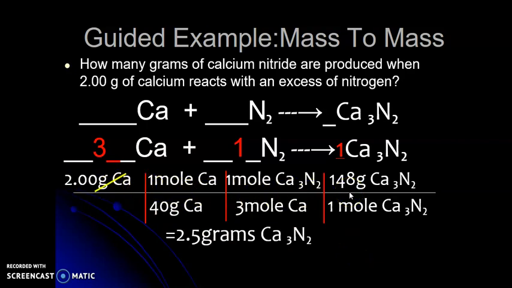So the grams of calcium cancel grams of calcium, mole of calcium cancel mole of calcium, mole of calcium nitride cancel mole of calcium nitride. So multiply the top, 2 times 1 times 1 times 148, divide by 40 times 3, which is 120. So everything will be 2.5 grams of calcium nitride.